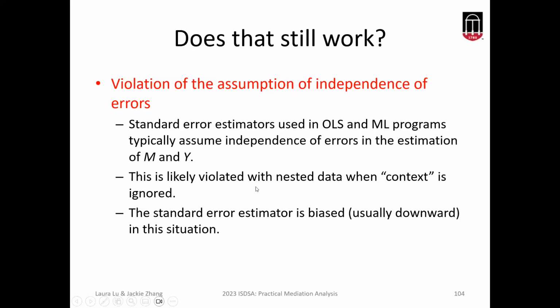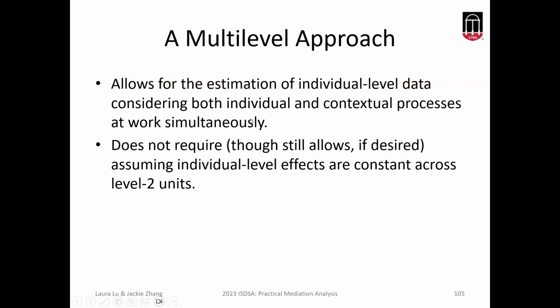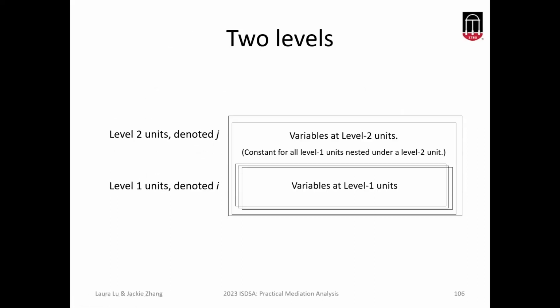If we still use the old, traditional model, we still have some results, but those results are biased. Those results are not very accurate. Also the standard errors, the p-values, and the conclusions will not be accurate. So let's consider a multi-level approach to mediation analysis.